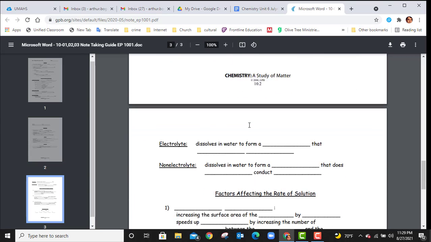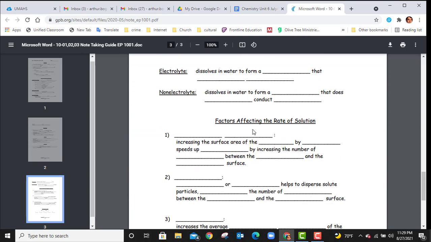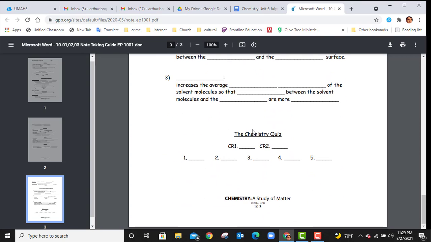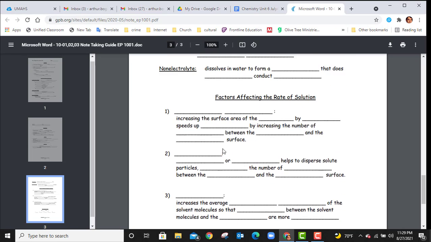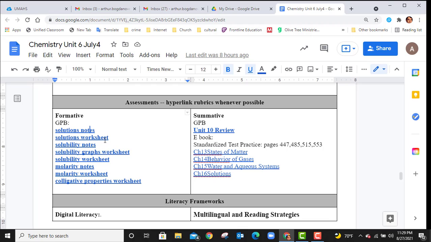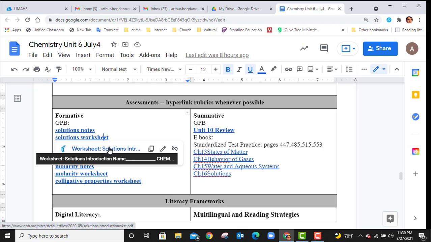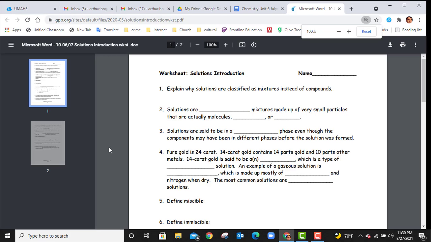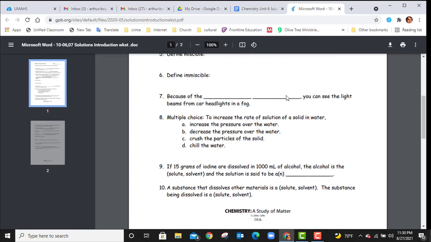A lot of sentence completion, which I understand is a good technique for the ELL student. And then there's a little quiz at the end, an oral quiz. And then I also mentioned worksheets. After they have the lecture, this is where they can apply their knowledge.